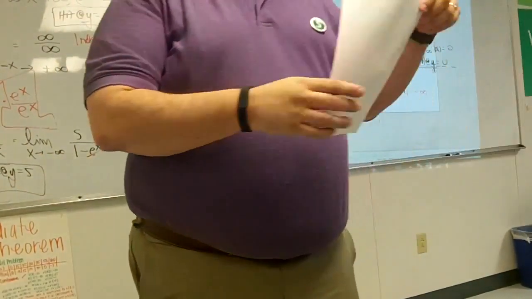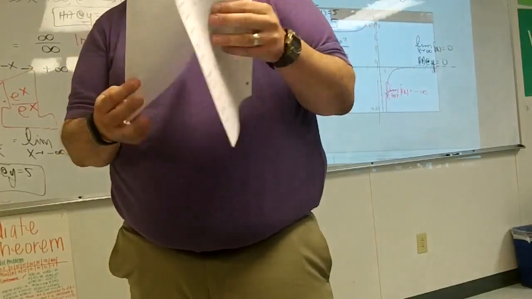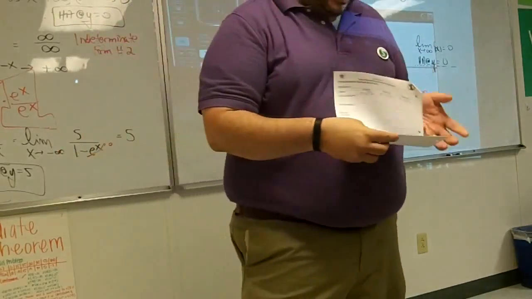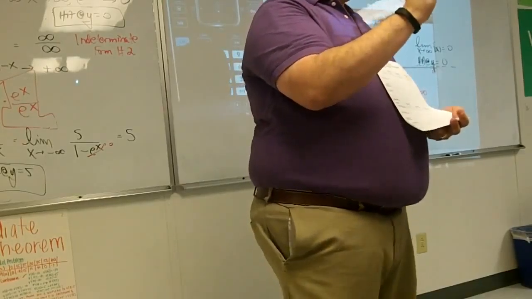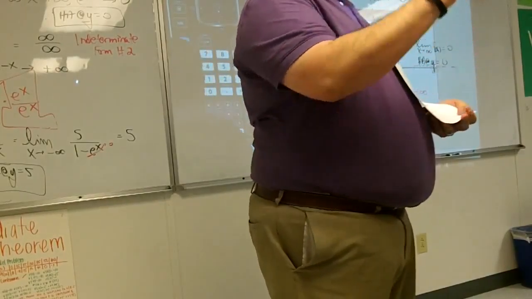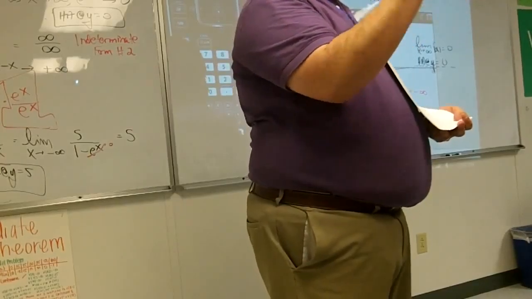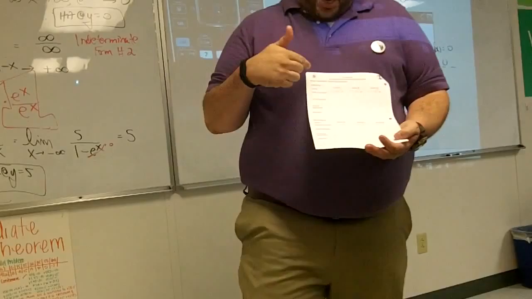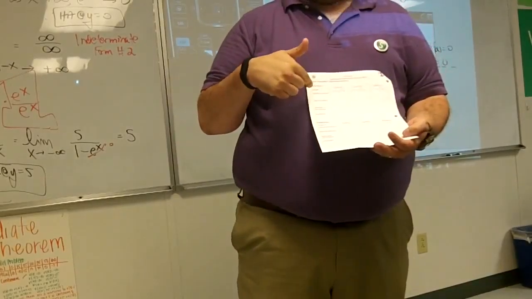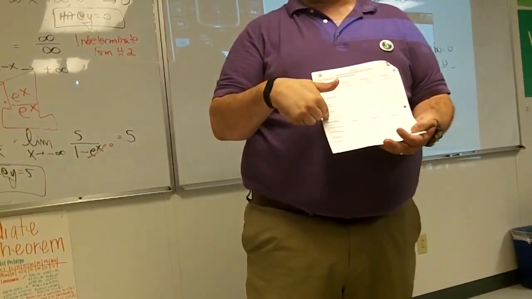Okay, what I'm going to do, if you flip over to page 2, there are 6 different functions. For the function I'm going to give you, Josue, you can join whatever group you're going to need because I don't think we're going to get to do all the calculator stuff I want to today. You're going to find for that function horizontal asymptote, vertical asymptote, removable discontinuity.